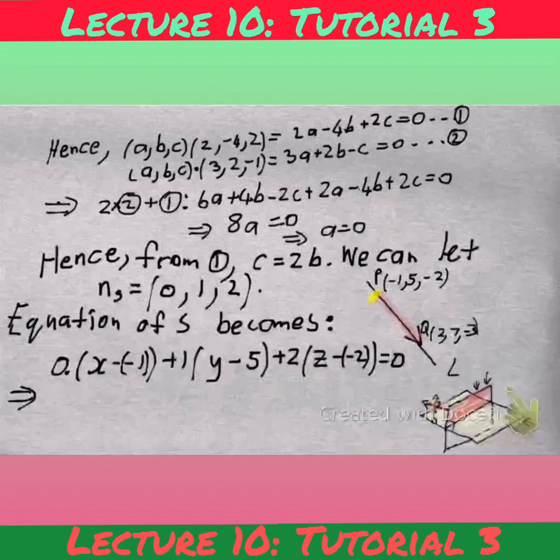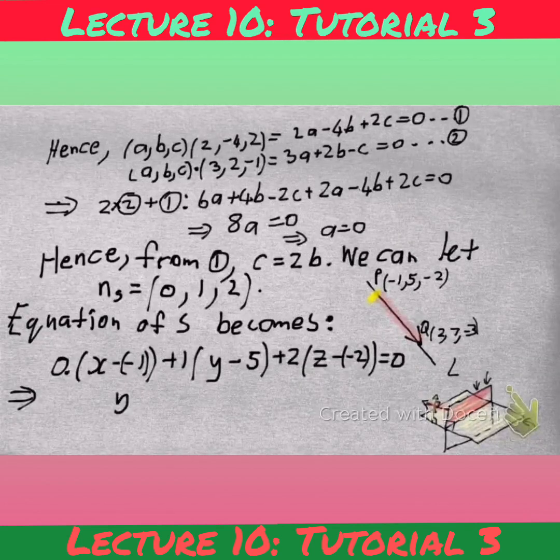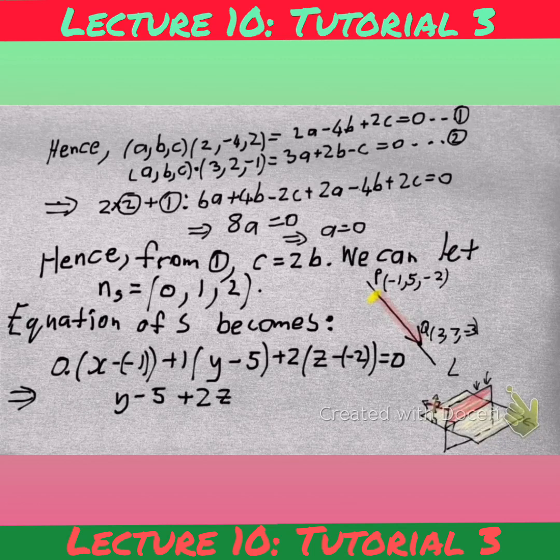So the final equation of my plane becomes y minus 5 plus 2z plus 4 is equal to 0. So the plane that we are talking about here is the plane y plus 2z equals 1.